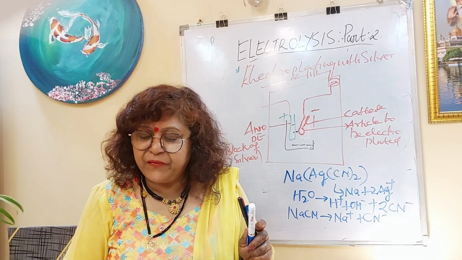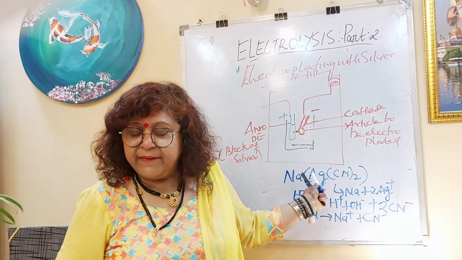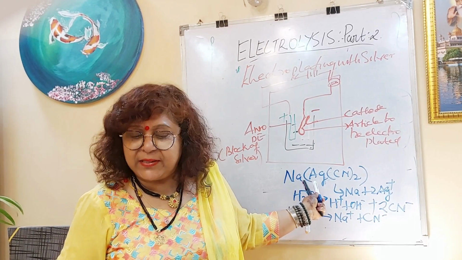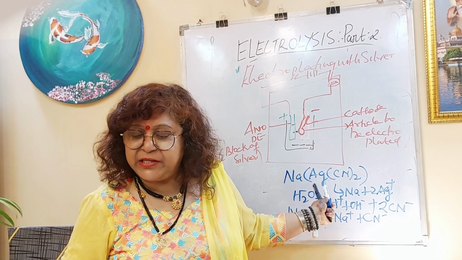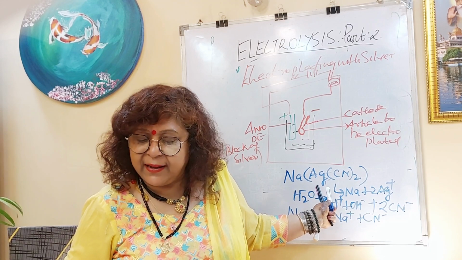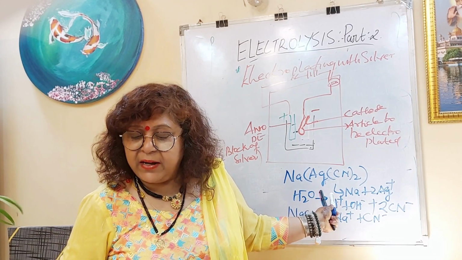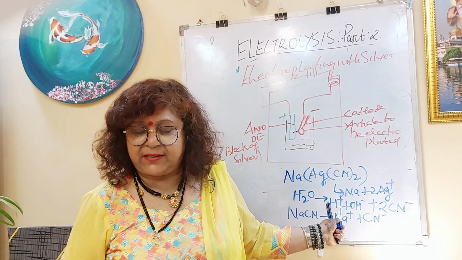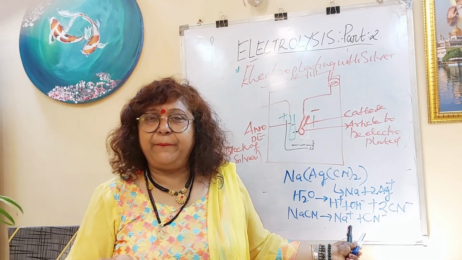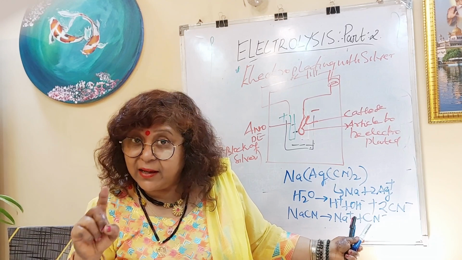In the presence of other ions like sodium and hydrogen, and Ag+ ions, they move towards the cathode and are discharged as Ag atoms by gaining electrons and deposit on the spoon as a firm coating. The thickness of the coating will depend on the duration of the current passed.